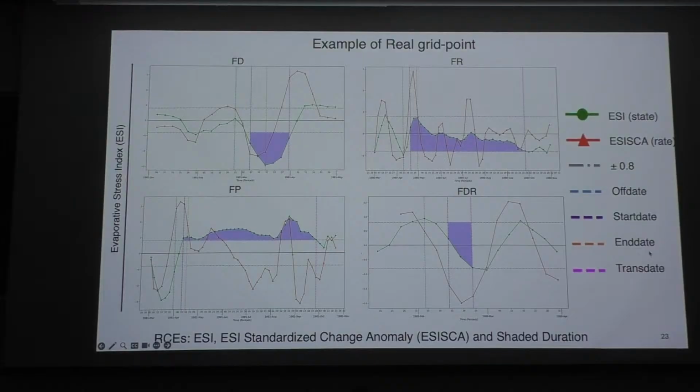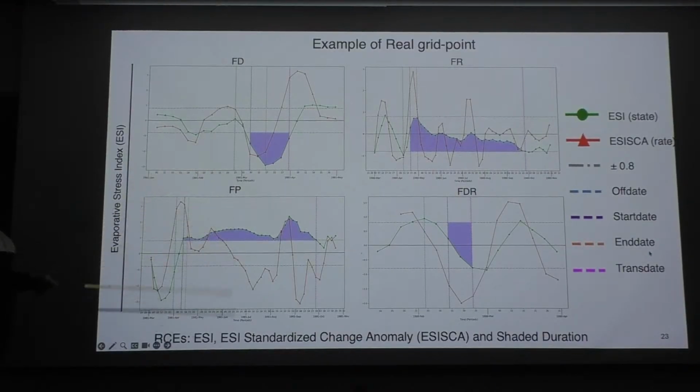This is just an example of one grid point, because we apply all these conditions at each grid point. The first line shows the offset, and depending on our scale, if the scale of the ESI standardized change anomaly was 4 pentads, then our offset will be 4 pentads. If our time scale was 2, then it will be 2 pentads.